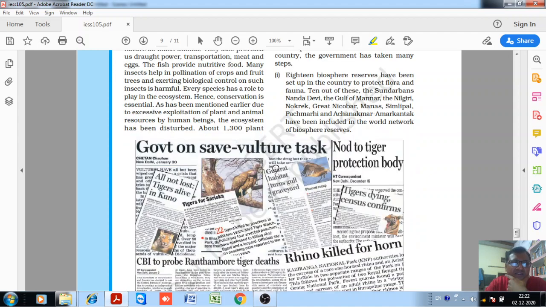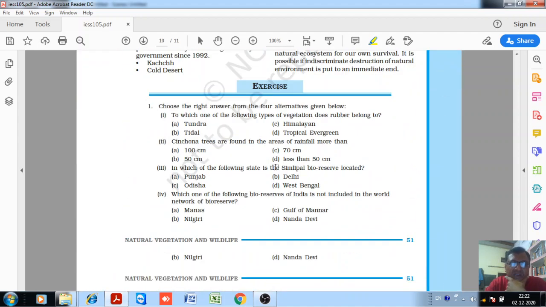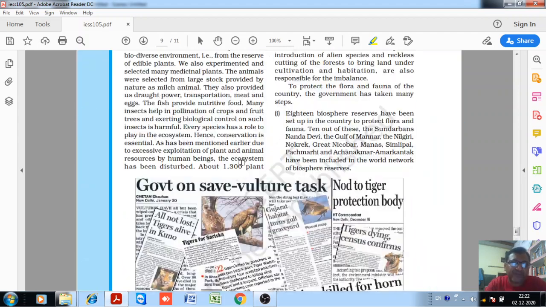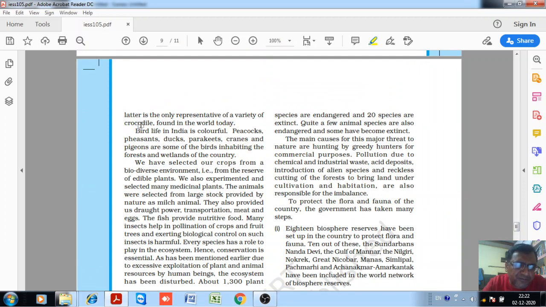After that you have to see the last phase of this chapter, that is about bird life in India, which is very colorful. Now you are going to see some species of peacocks and pheasants, ducks, parakeets, cranes, and pigeons, some of the birds inhabiting the forests and wetlands of the country.